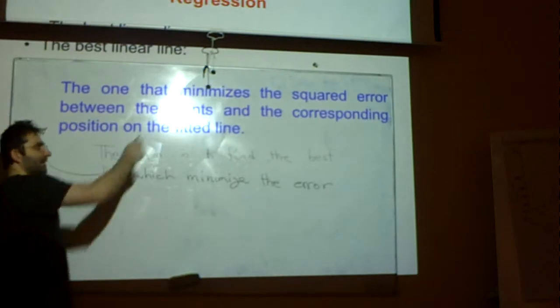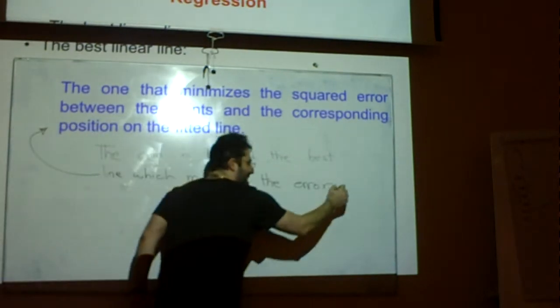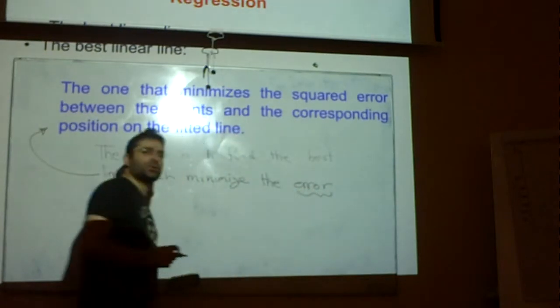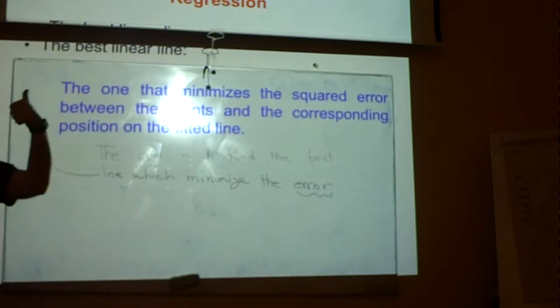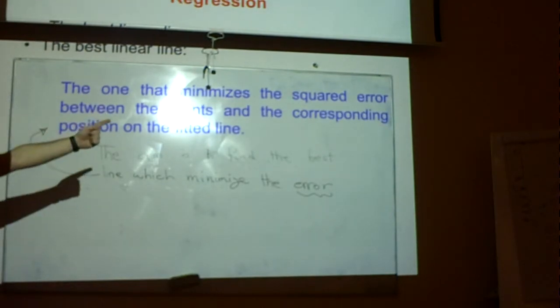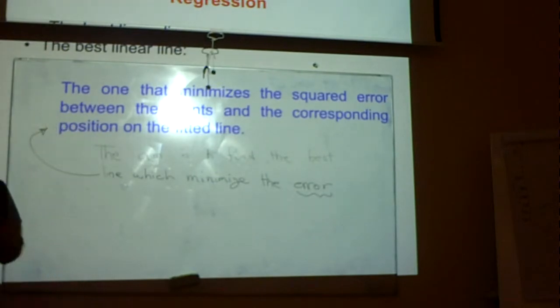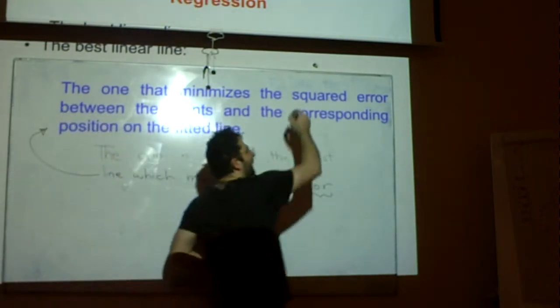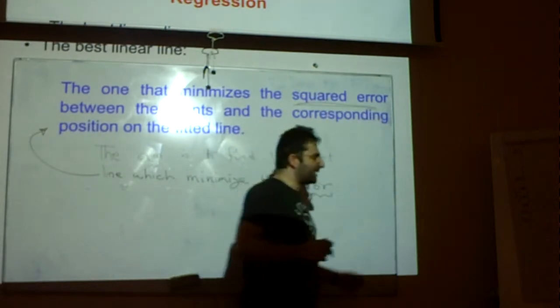And the question is, what is the error? We can have first order, like absolute error. We can have squared error. So we can have different types of errors. Typically, we use squared error, and squared error is something like this.